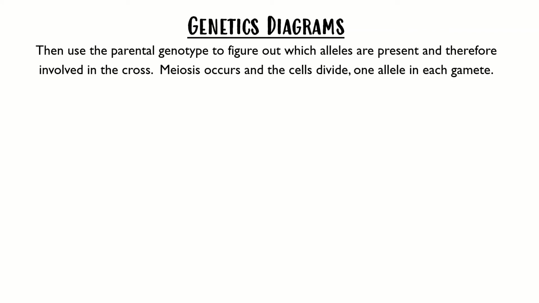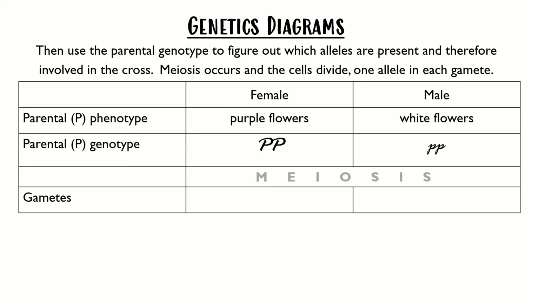The next step is to realize that those are alleles on the parents' genes. But in order for the parents to reproduce, their cells must undergo meiosis, which means reduction division, so that they have only one set of chromosomes in the gametes. The formation of gametes is called meiosis, and the cells divide into haploid cells.